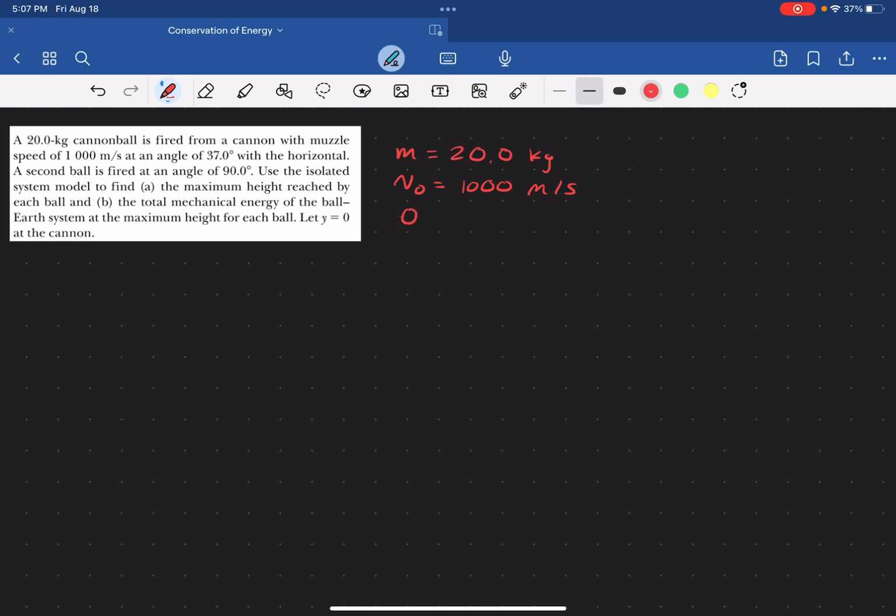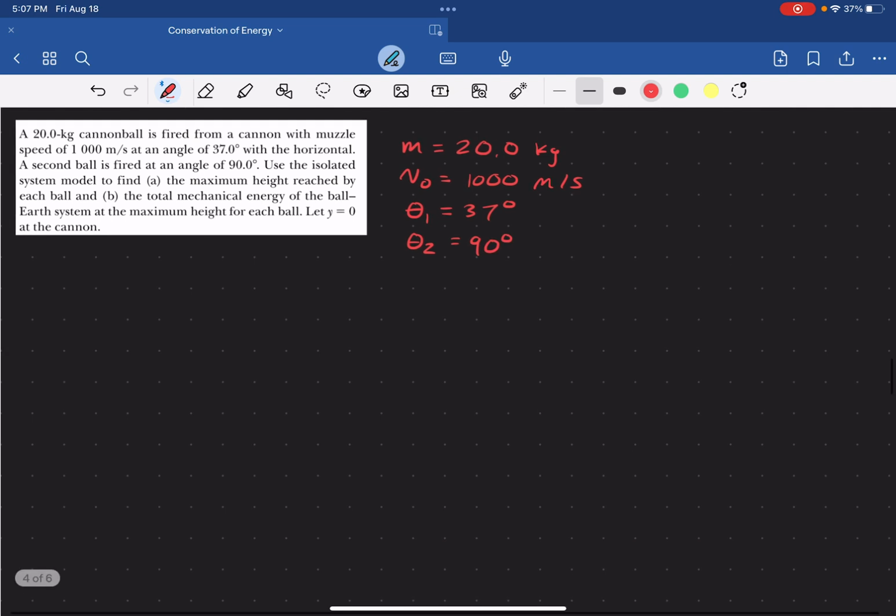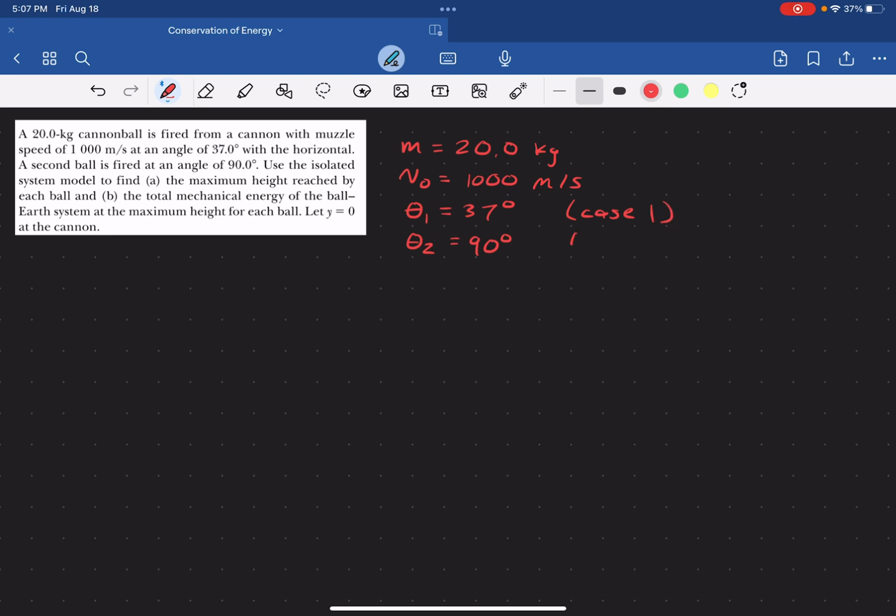The first angle we're considering is 37 degrees. Call that theta 1. The second angle, call that theta 2, is 90 degrees. So this will be case 1 and case 2.